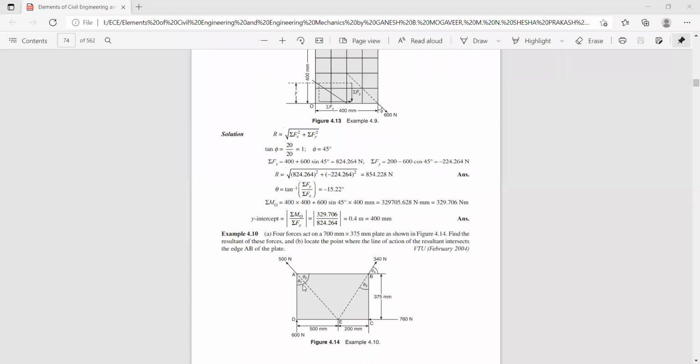You had taken this as theta 1, I hope. Theta 1 is tan inverse 500 divided by 375. So tell me this angle with respect to the y-axis, because this becomes the opposite side and this is the adjacent side.